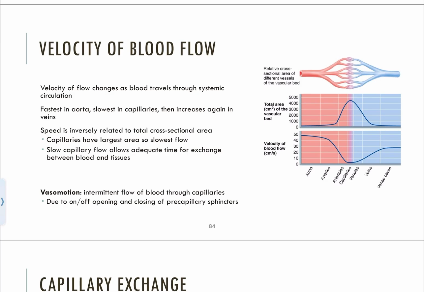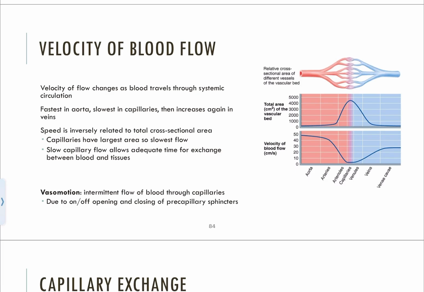Well, if we added up the total area of all the capillaries making up our capillary bed, we would see that it has the largest total cross-sectional area. So because they have the largest total cross-sectional area, they are going to actually have the slowest flow, because speed or velocity is inversely related to that area itself.